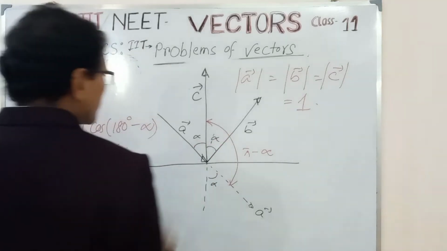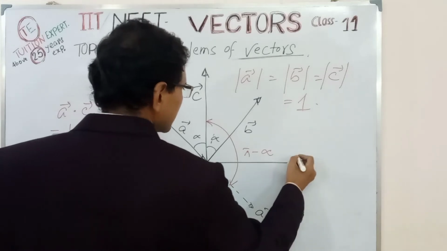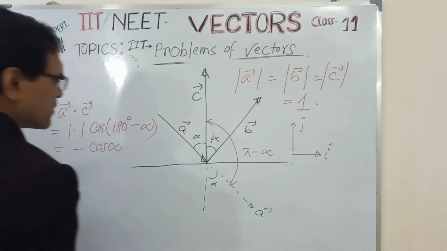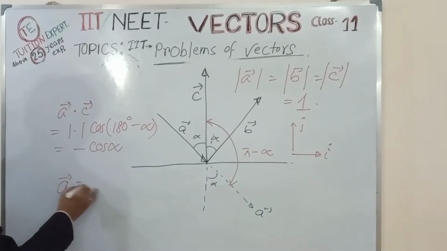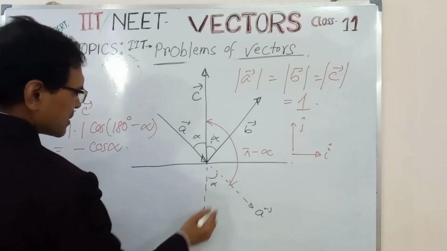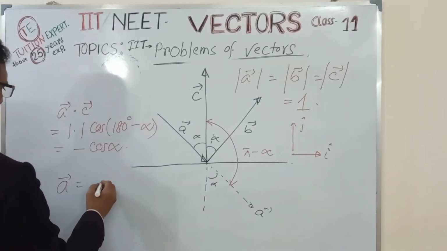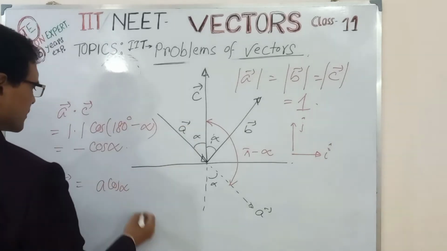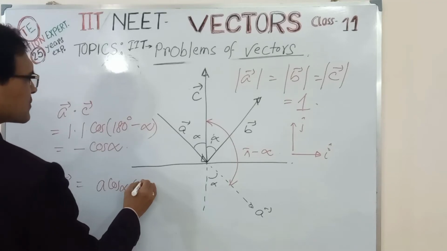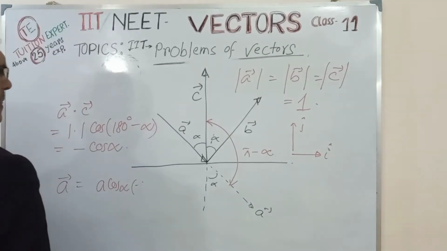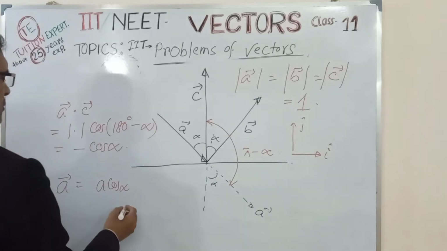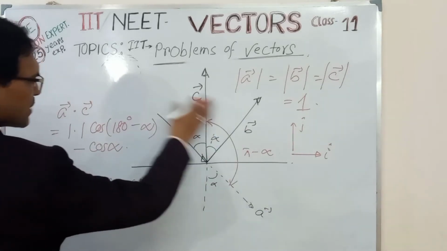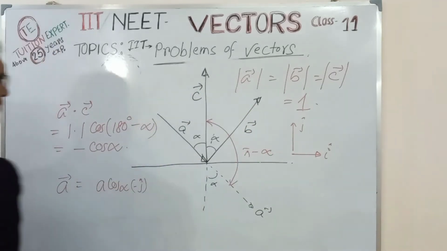Now resolve A and B in terms of I and J. Suppose the unit vector along this is I, and along this is J. Now what is the A vector? This is A, this is alpha. All three lines lie in the same plane, the xy plane.